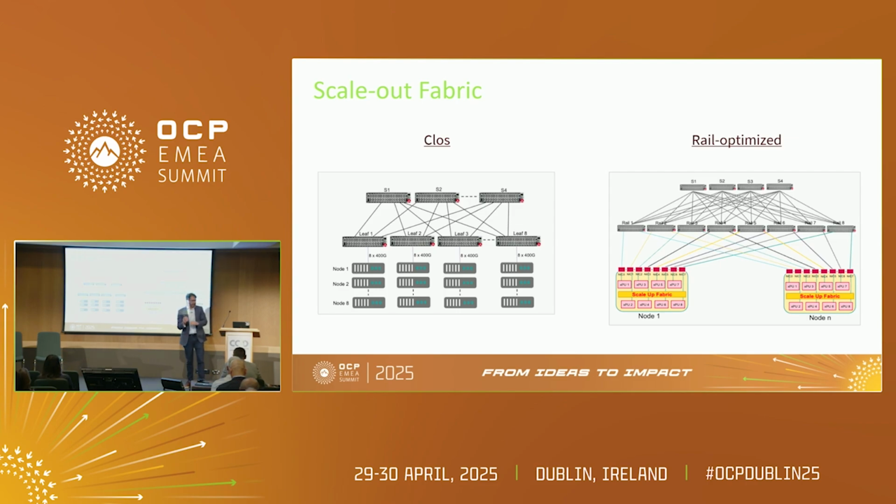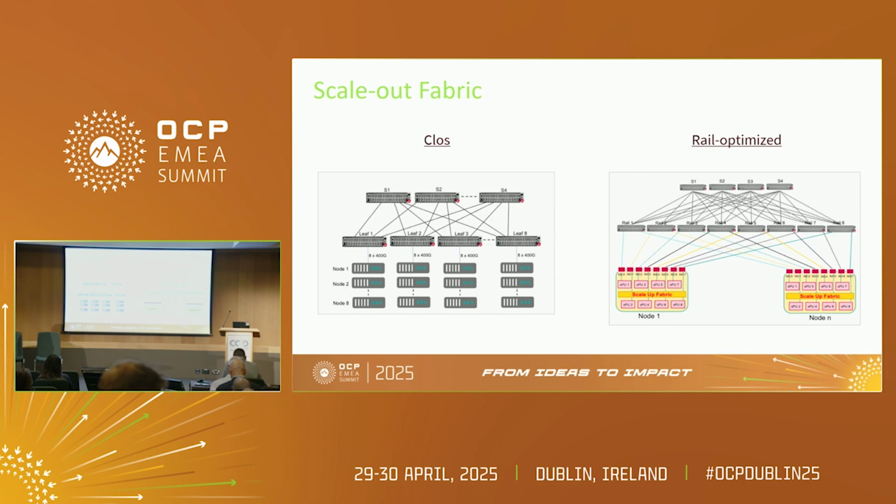Now, these are the 10 slides I have on different types of designs. If you want to build an AI infrastructure in your network, the first thing you will need to decide is what type of topology you're going to use, right? Closed topology, everybody understands it. That is one option.